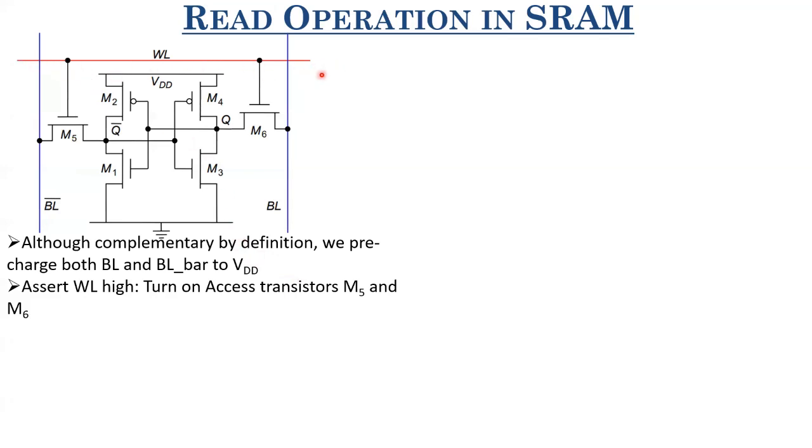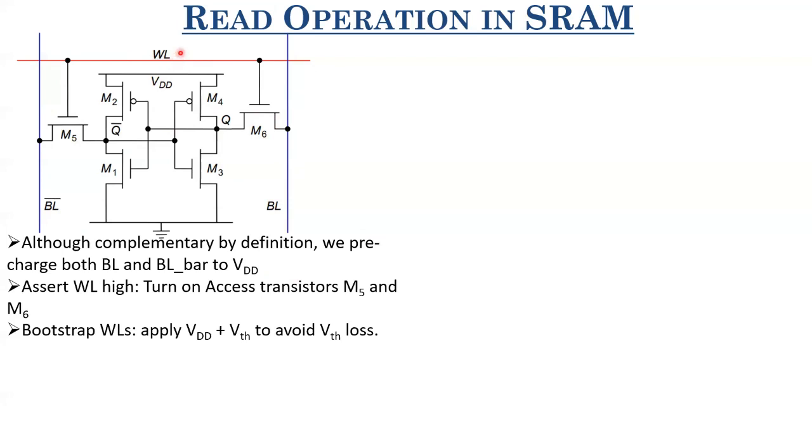When we assert this word line high, we turn on M5 and M6. Now the thing is, if we apply VDD on this word line, then because these access transistors are NMOS, there would be a VT drop across them, right? Because NMOS doesn't pass logic 1 perfectly. So to mitigate that issue, what people typically do is they bootstrap these word lines. What is meant by bootstrapping?